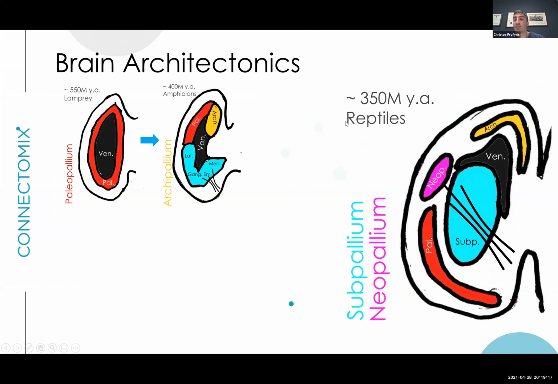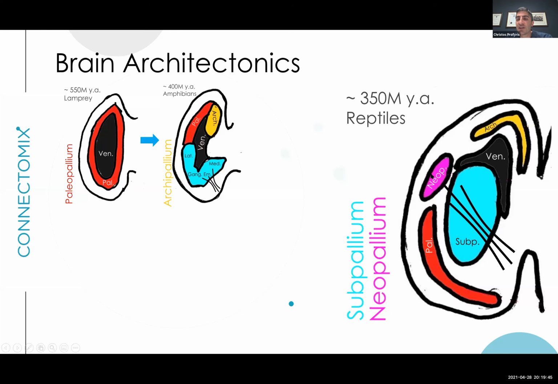The next point in the evolution began with the reptiles, approximately 350 million years ago. And we started to see some change and some semblance of a brain that started to look a little bit more similar to our own. In addition to the archipallium and the paleopallium, the ganglionic eminence went deep into the brain and formed the subpallium, which is to become the basal ganglia.